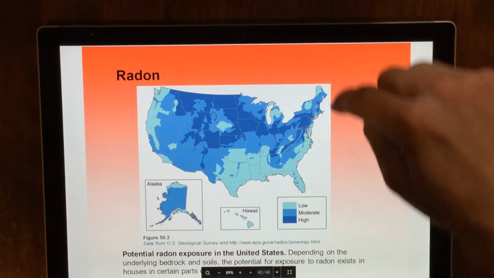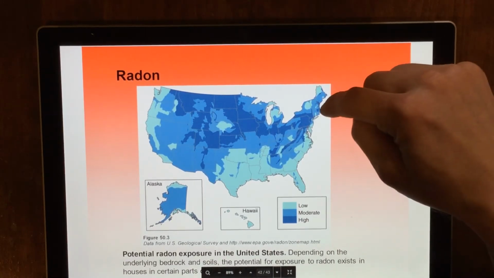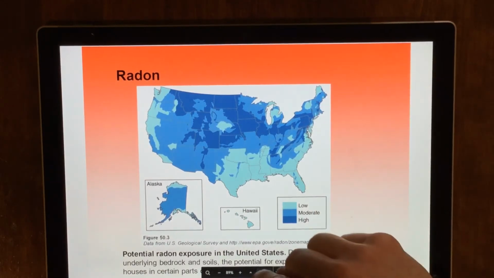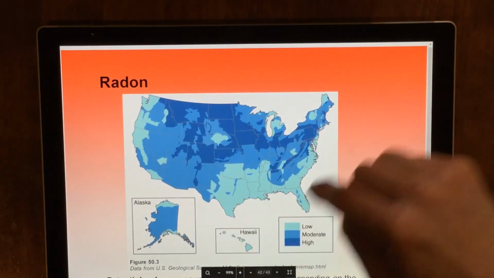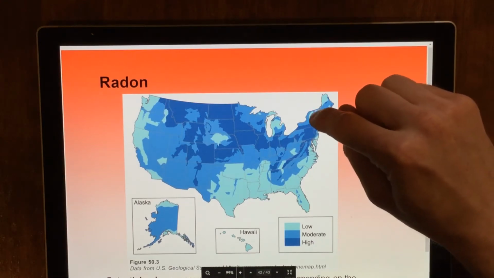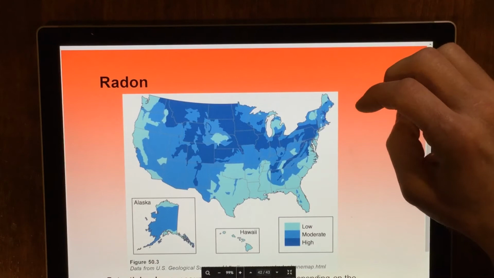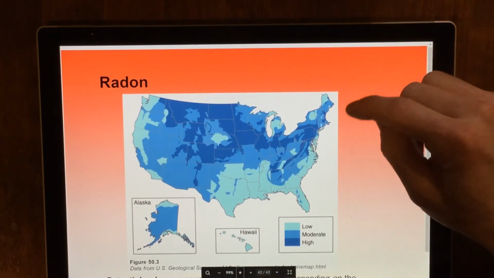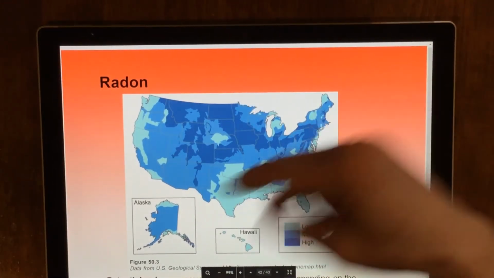Let's see. Yeah, if you look at this here, we're in a moderate, depending on where you live, and high. I'll zoom in here a little bit. We're up there, obviously, where we live. But a good chunk of the southern part of New York is high concentration of radon. And low, Hawaii, and down here, you can obviously read this.